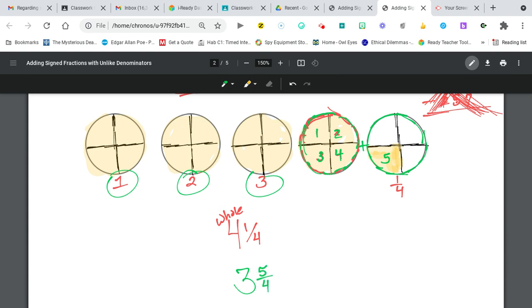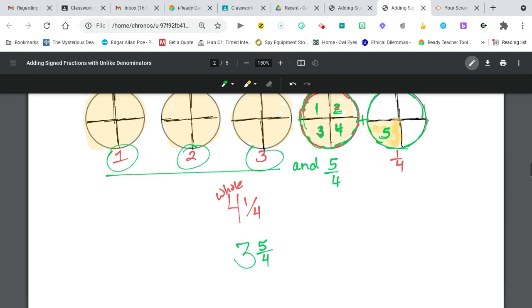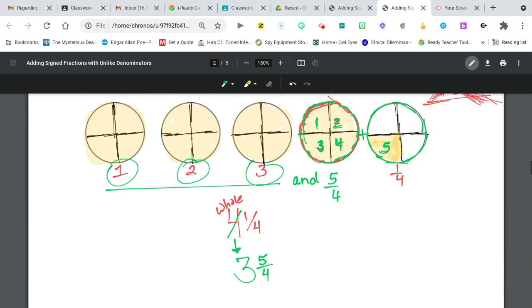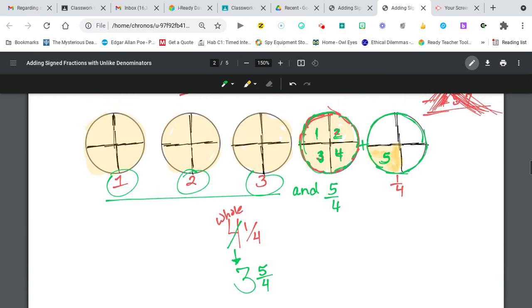So I can rename this as 3 wholes and 5 fourths. 1, 2, 3, 4, 5. Now, the way you show that with this is you take 1 from 4 and it becomes a 3. But that 1 you borrowed had how many fourths in it?